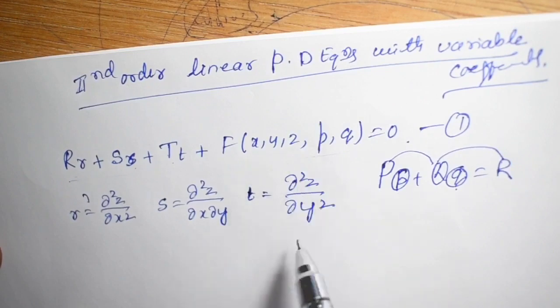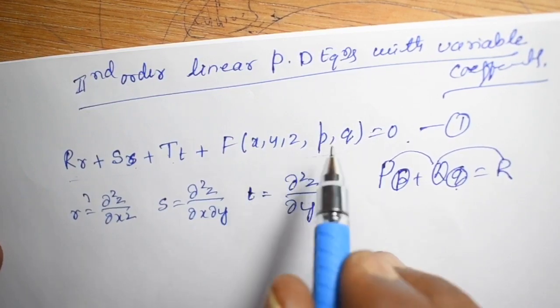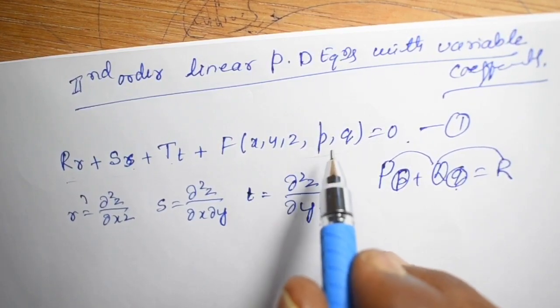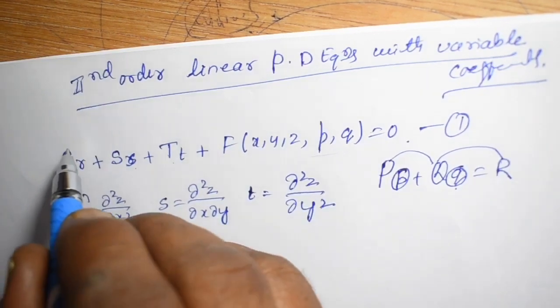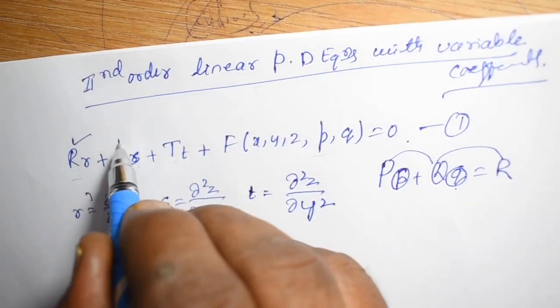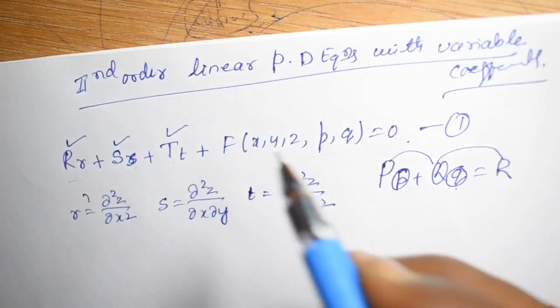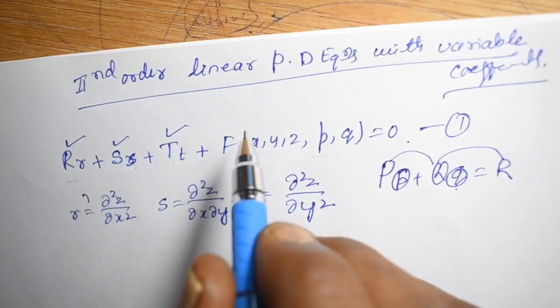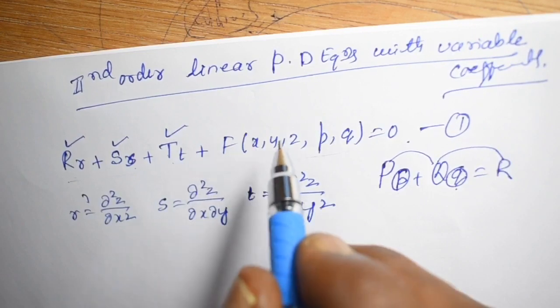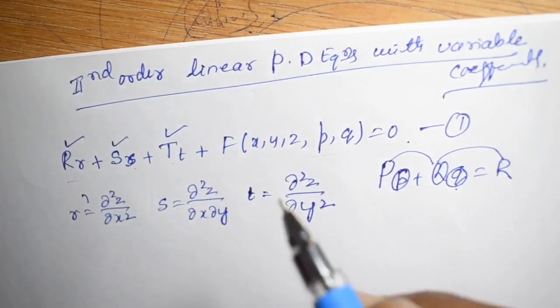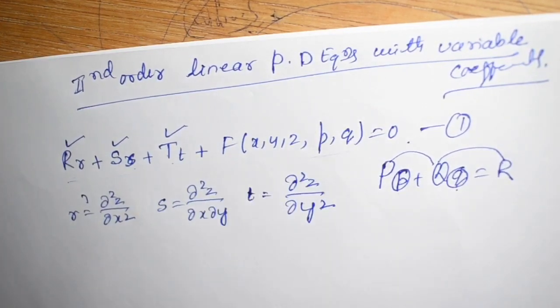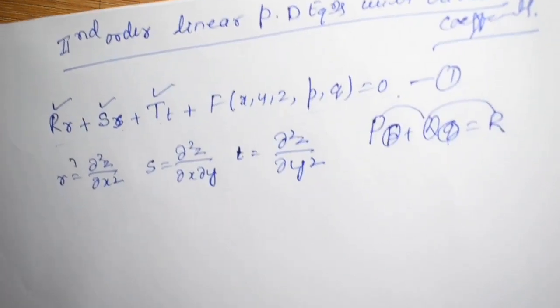You know what p and q are. Here capital R, S, T are functions of x and y only. Sometimes if z comes in, then the equation becomes non-linear.